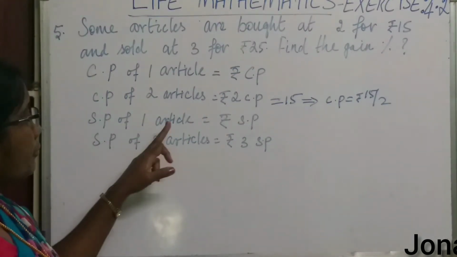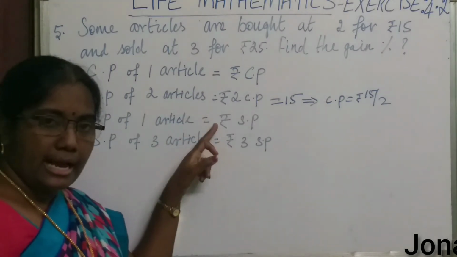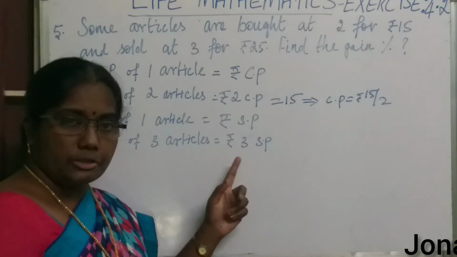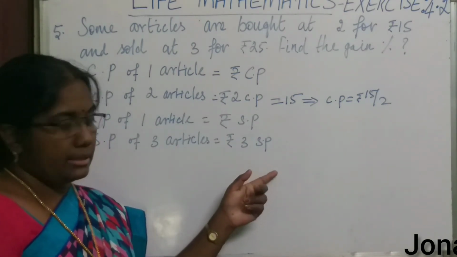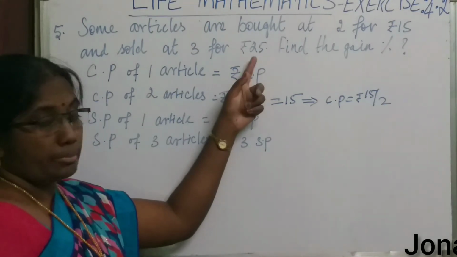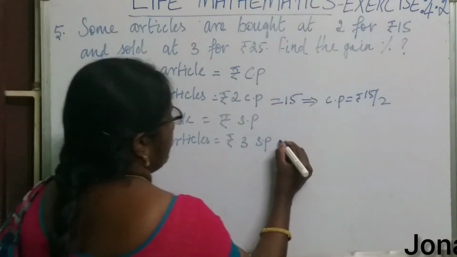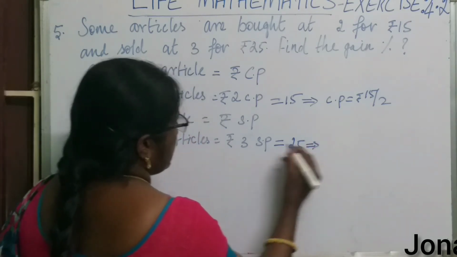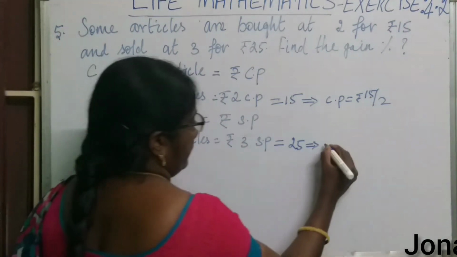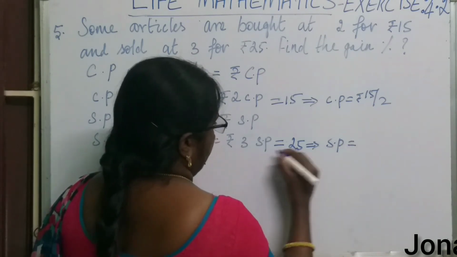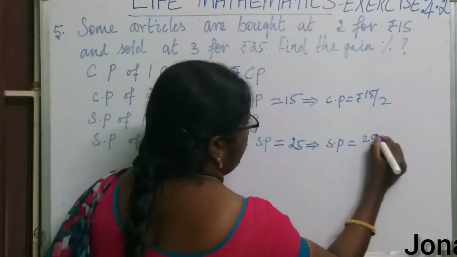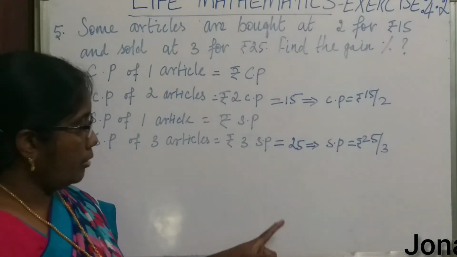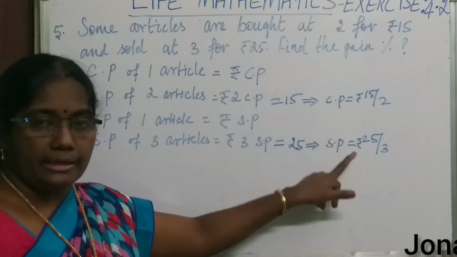Let the SP of one article be rupees SP. Then the SP of 3 articles is 3 into SP, which costs rupees 25. So 3SP equals 25, which implies SP equals 25 by 3. This is SP. Now we found the values of CP and SP.